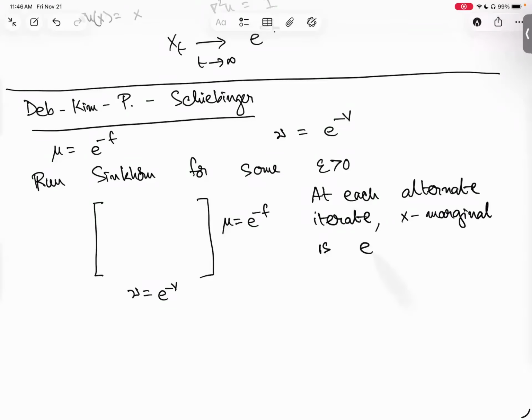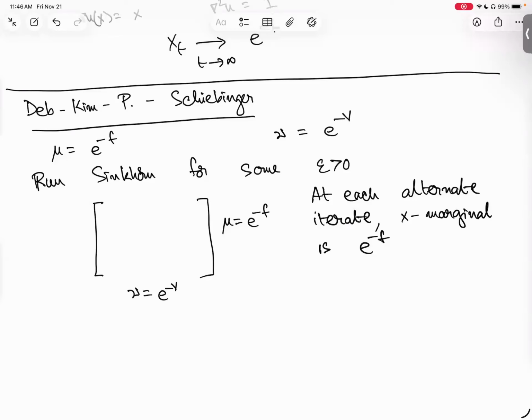How does this happen? At every step, if the marginal is not e to the power minus f, you look at the marginal, divide by it, and multiply by e to the power minus f to get the x marginal e to the power minus f. Now the y marginal is not e to the power minus v. So in the next step, you compute the y marginal, divide by it, and multiply by e to the power minus v to get the y marginal e to the power minus v. Now this has destroyed the x marginal. So you fix the x marginal, destroy the y marginal, fix the y marginal, and go back and forth.